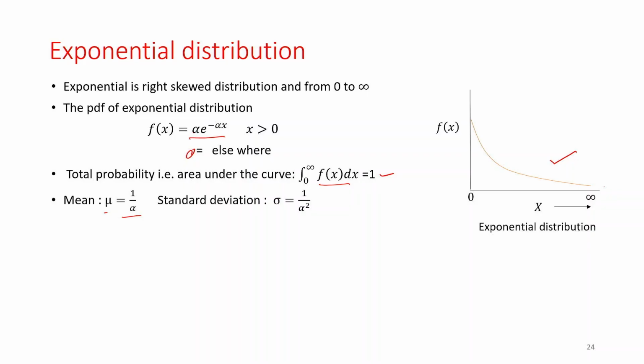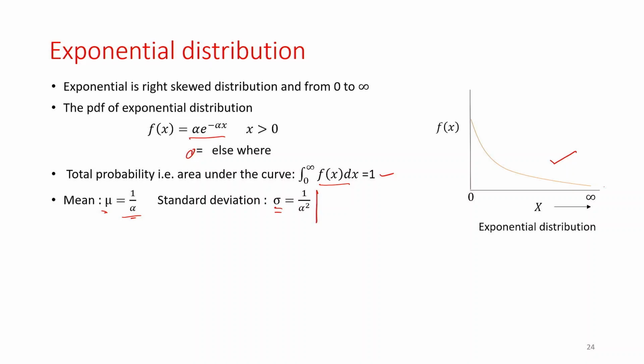So you can say the exponential distribution can be described by only one parameter. It's not like the normal distribution, where you need two parameters to describe the distribution, and in that case it was mu and sigma. But for exponential distribution, it is only alpha, and the relationship between alpha and mean is 1 upon alpha, and standard deviation is 1 upon alpha square.